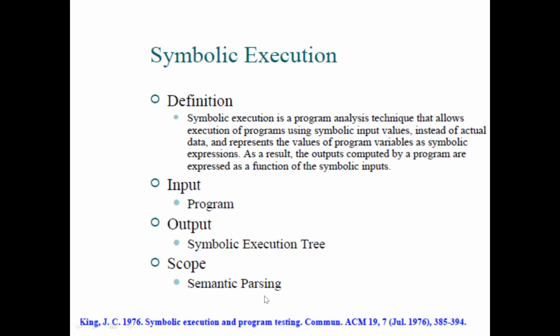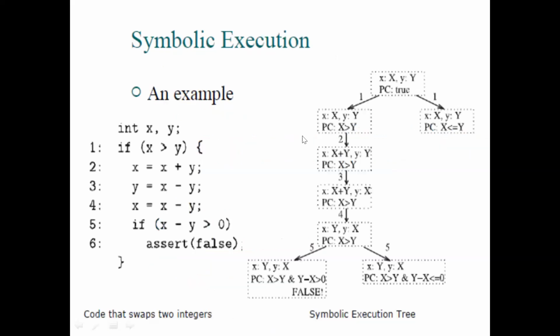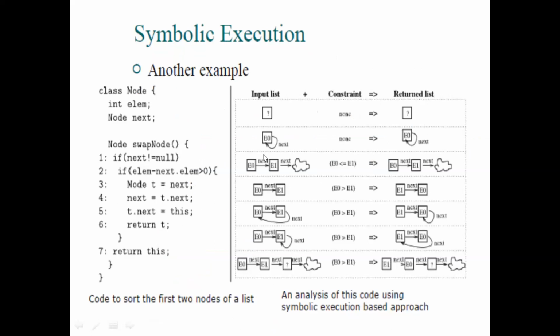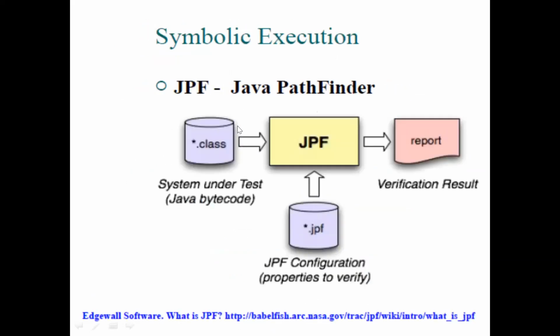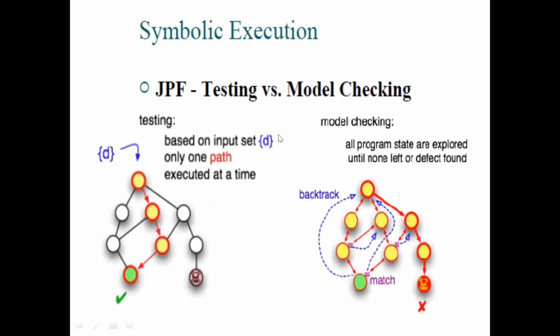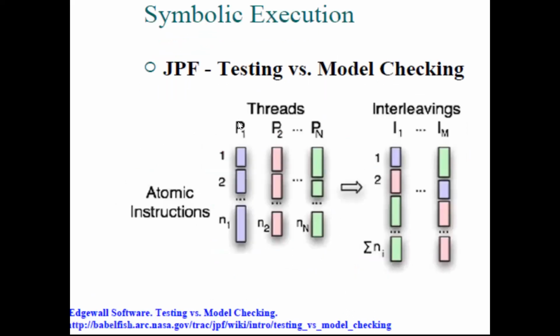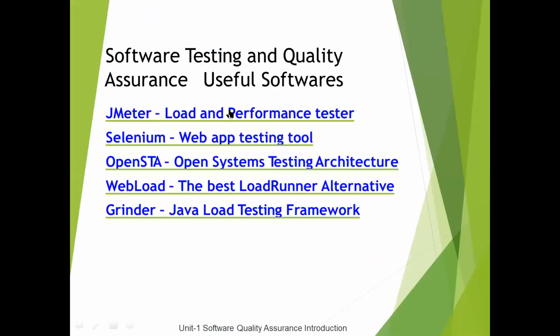So the various semantic possible paths are generated, and according to that, we are testing the program. The various diagrams show how we can perform symbolic execution. For example, we are taking the Java Pathfinder, which gives the various possible paths as an example.